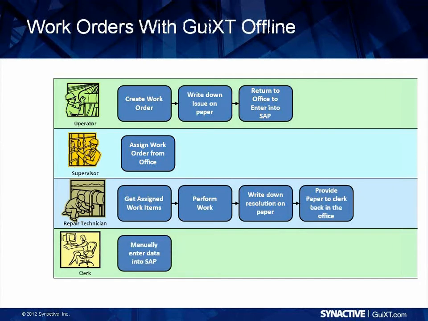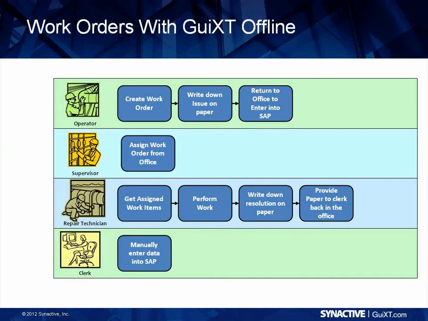With the GuiXT solution, process steps can be eliminated and streamlined. In addition, having access to SAP data on a mobile device in a disconnected mode, where there's no network connectivity, extends your business process for anytime, anywhere access, increasing productivity.